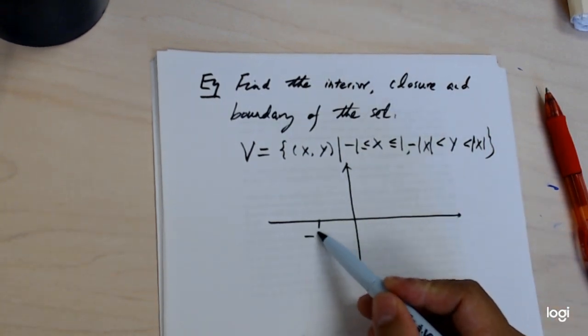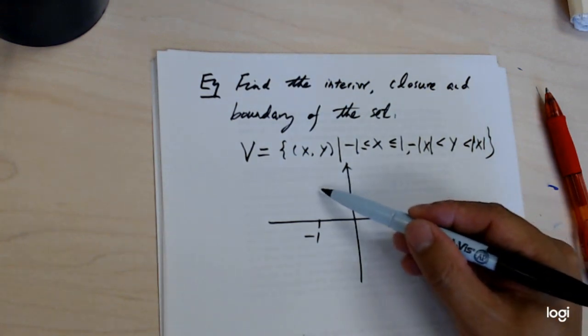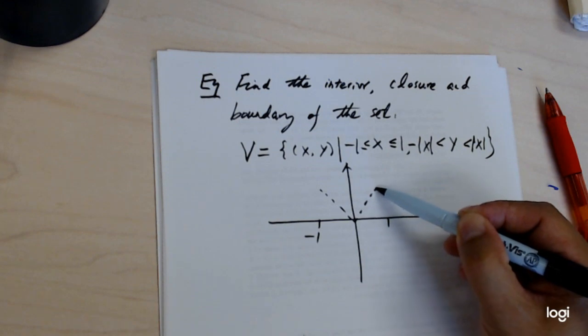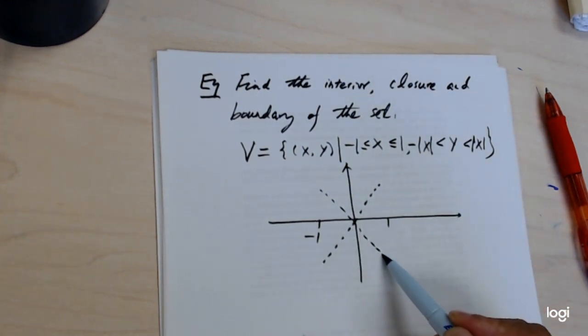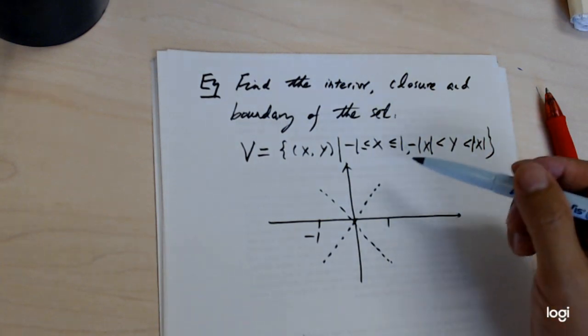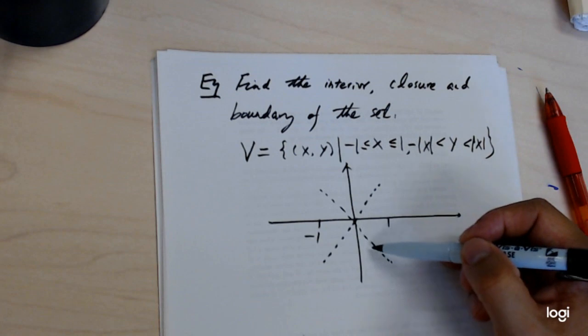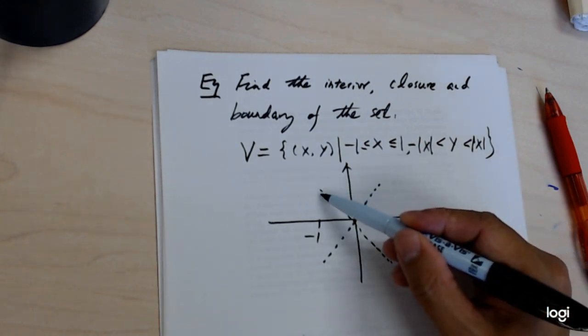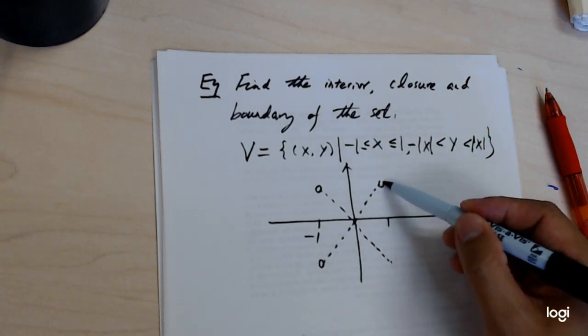X is between -1 and 1. You have the absolute value of x and negative absolute value of x. Y cannot be along those absolute value functions. That means you have to exclude those points.